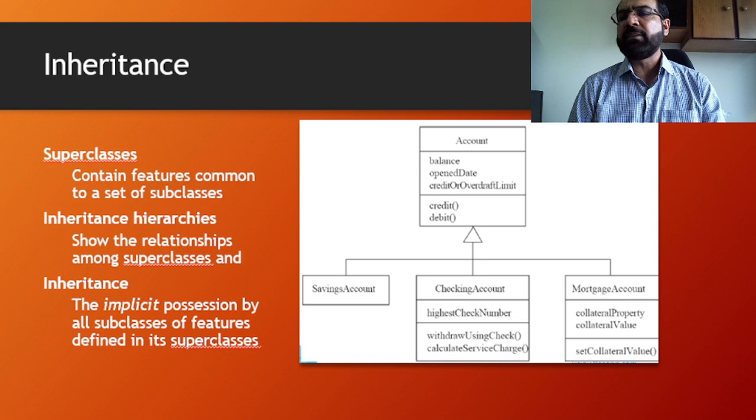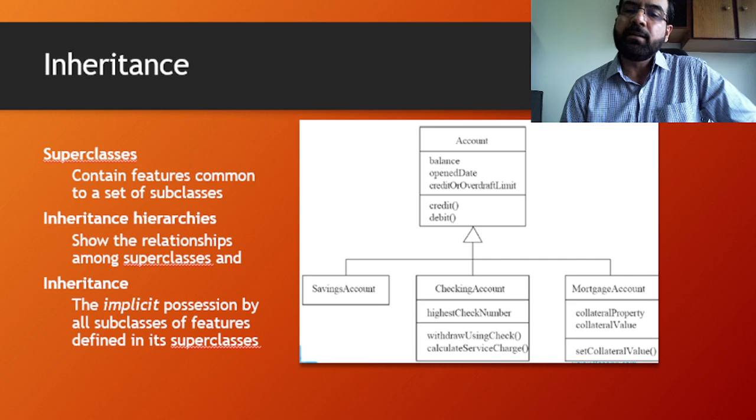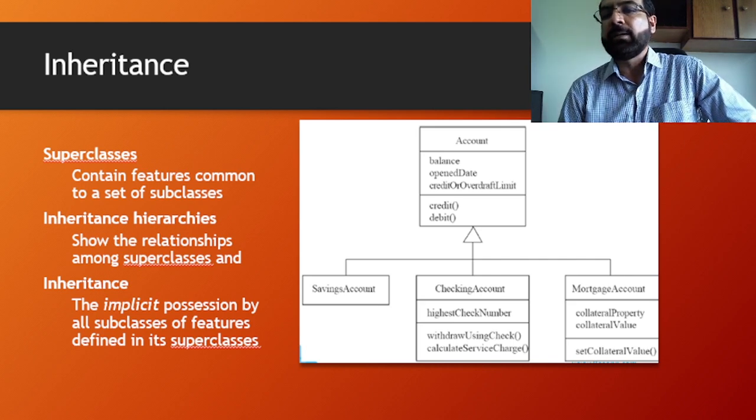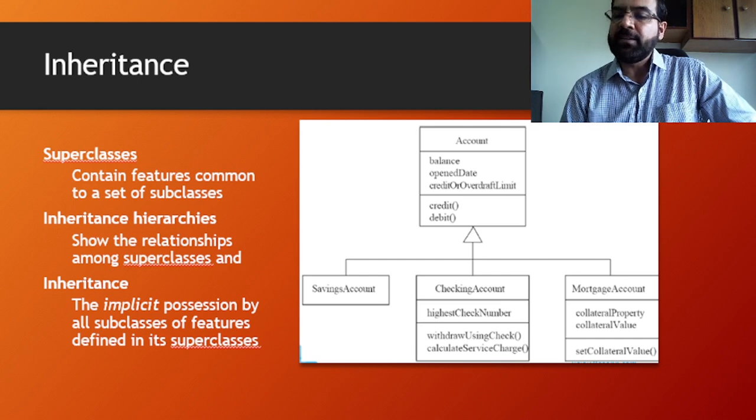Here is one example, which you can see: we have an account class which we have discussed earlier, but that account might have other types of accounts, which include saving account, checking account, and mortgage account. The account has the basic definition in the supertype, but there are certain behaviors related to a checking account, a mortgage account or a saving account which are specialized in nature, and therefore can be defined in specialized classes.